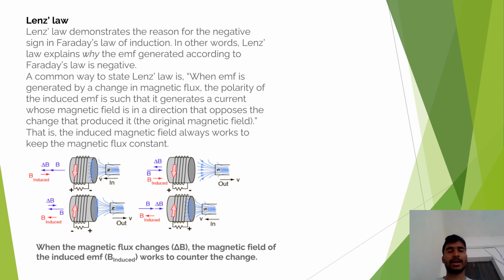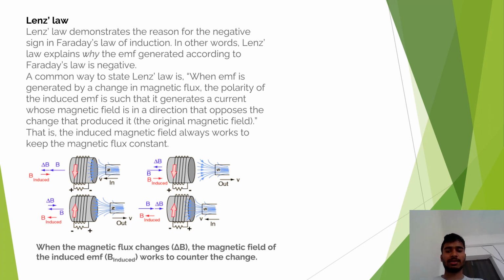Wherever the direction of the magnetic field is passing, the EMF tries to oppose that magnetic field so that it remains constant. That is, the induced magnetic field always works to keep the magnetic flux constant.